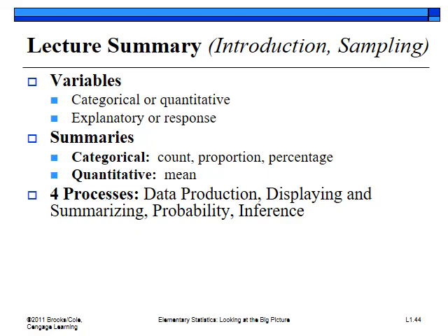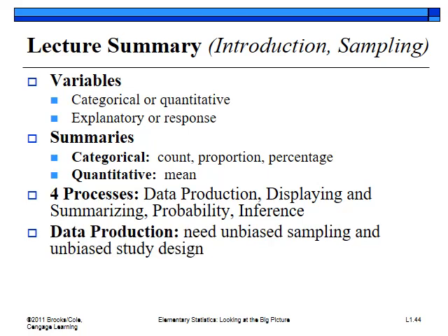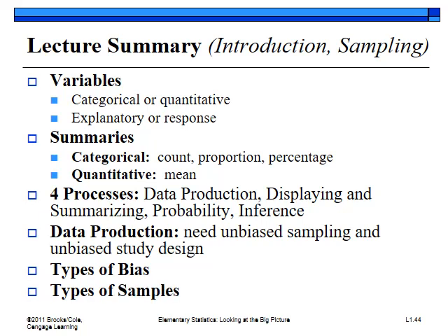We talked about the 4 processes of statistics: data production, displaying and summarizing, probability, and inference. We looked at data production in particular and looked at unbiased methods of sampling and unbiased study designs. We talked about the different types of bias that could be introduced by bad study designs and bad samples. And we talked about the different ways of collecting samples.